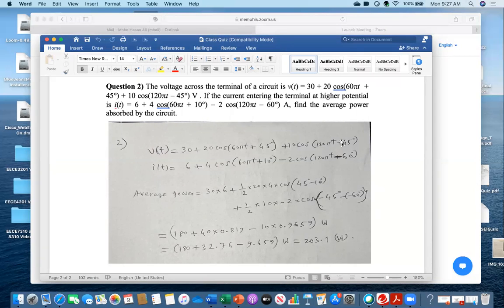So that will be straightforward 0 here because it is multiplication. For example, say it was −2 cos 140 instead of 120, or 130, a different frequency. Then even though you start writing half of 10, ultimately the current portion would be 0 here.